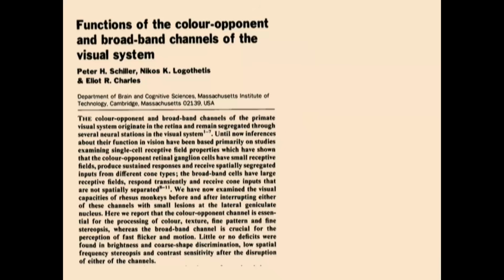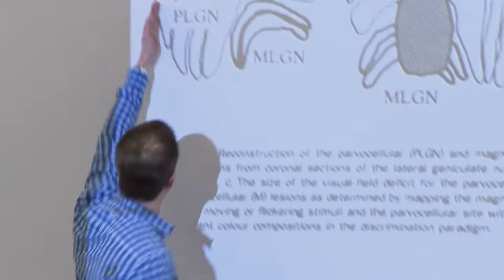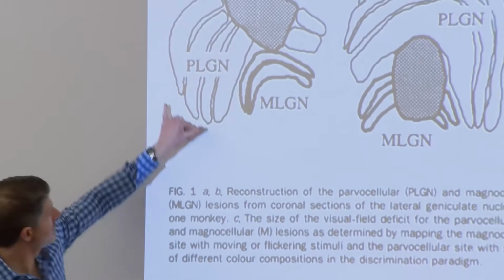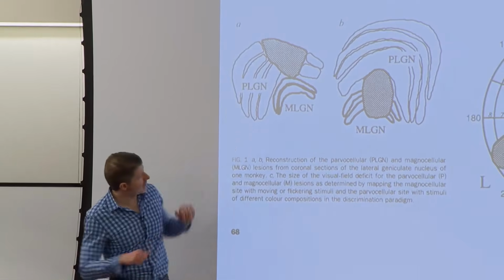In this particular paper, they lesioned regions of the LGN. So remember, this is the structure of the LGN. We've got these 6 layers, 1, 2, 3, 4, 5, 6. The top 4 are parvocellular. The bottom 2 are magnocellular.